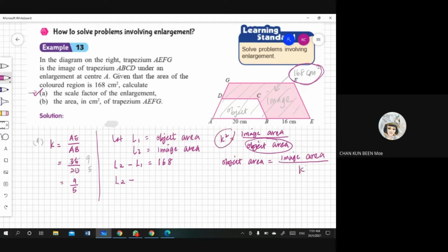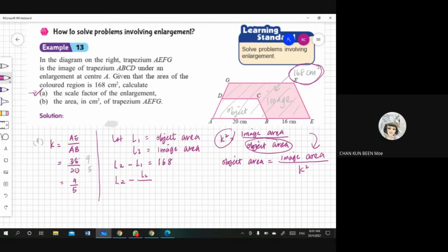Can you see that? So for the L1 that we have over here, because L1 is the object area, the formula will be object area equal to image area over K squared. Image area we also don't know, but we know the representation for image area is L2. So I'm going to use L2 over the scale factor squared.